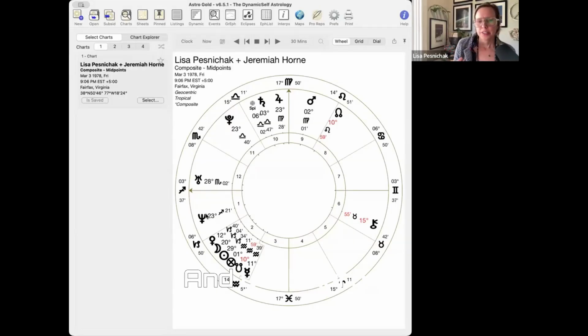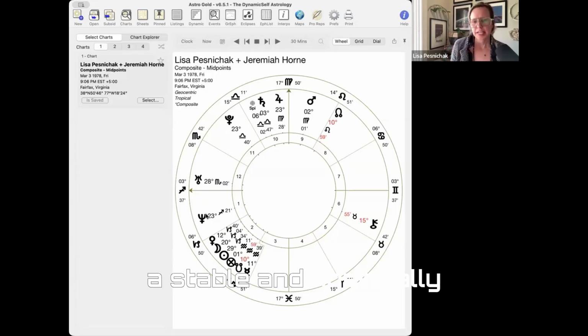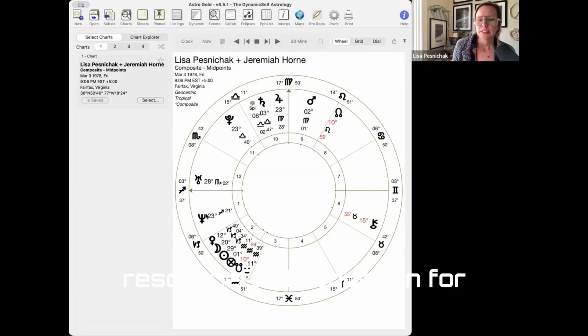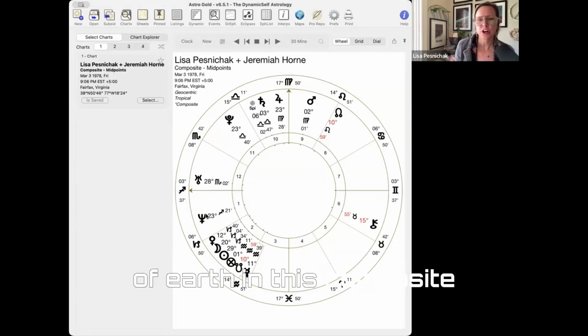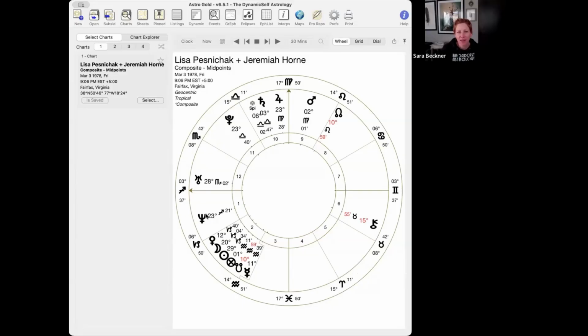Largely, the trajectory of my husband's and my focus is to create long-term wealth for our family and a stable and financially resourceful foundation for our kids to stand upon as well. And then there's a lot of earth in this composite chart, I would say, because there's also the Virgo element as well.